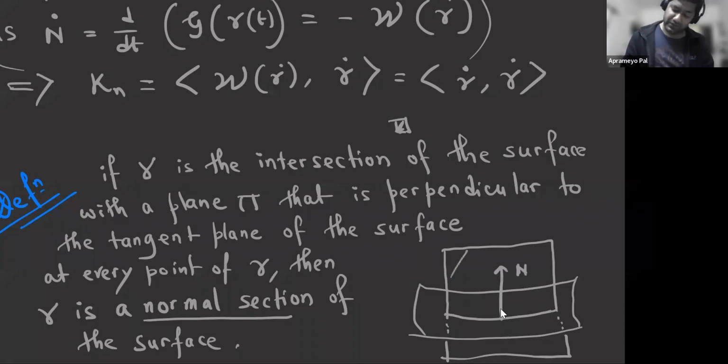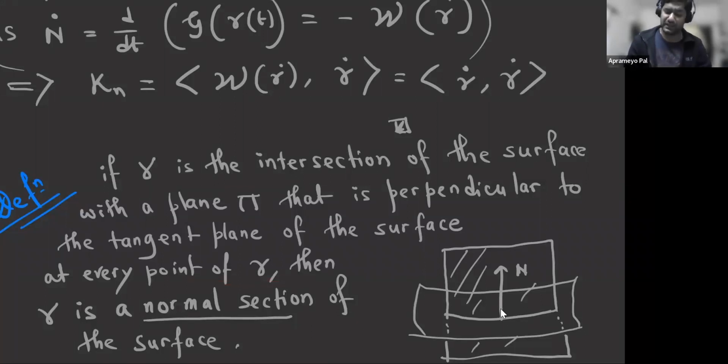And that's the plane which intersects. And what does the definition ask of you? That this plane is perpendicular to the tangent plane of the surface at every point of this gamma. So that's the normal section in some sense here.